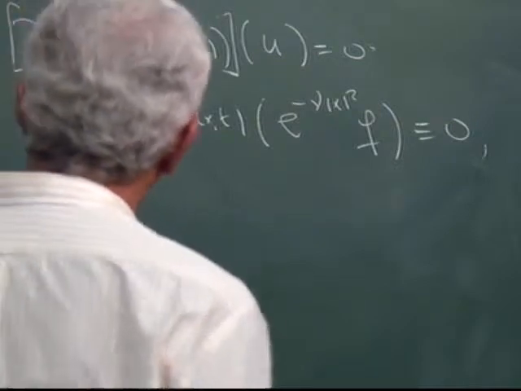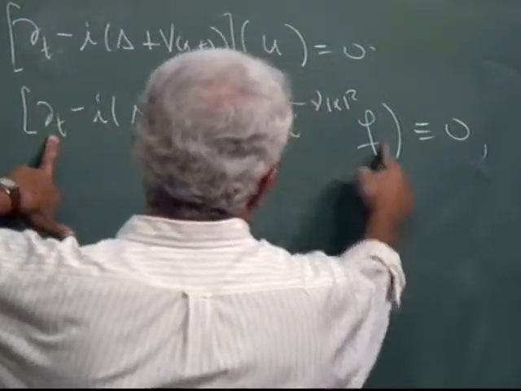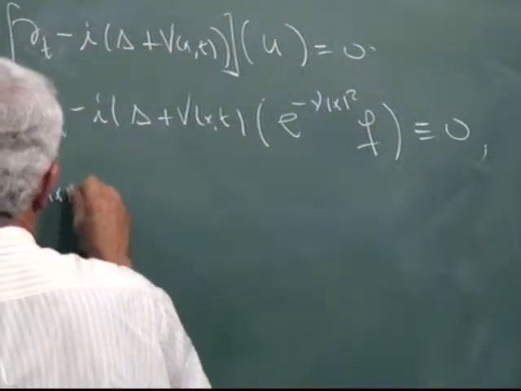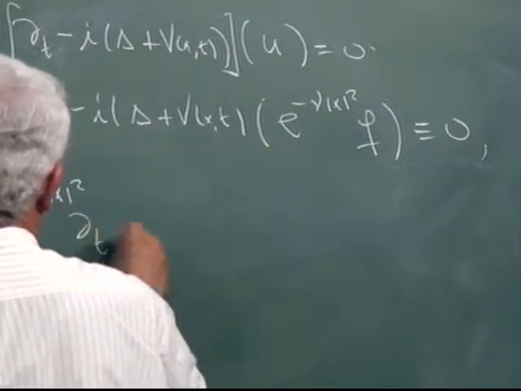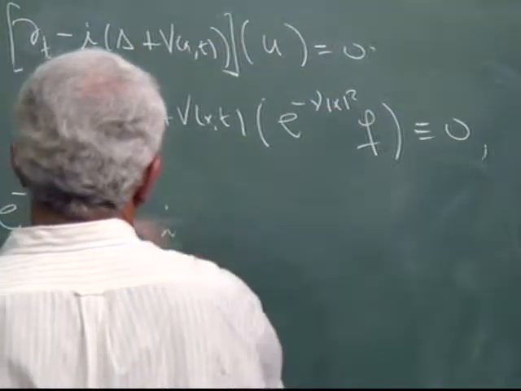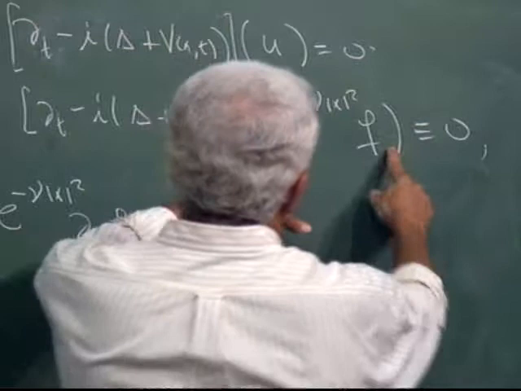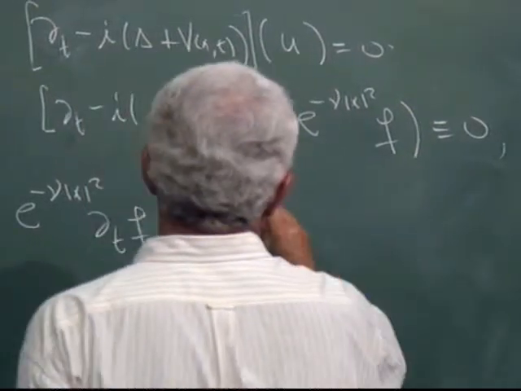Okay. Then the derivatives in t don't introduce any problem. This is going to be the derivatives in t. Then we have i. Then we have the Laplacian of this. The Laplacian of this is going to be this one.